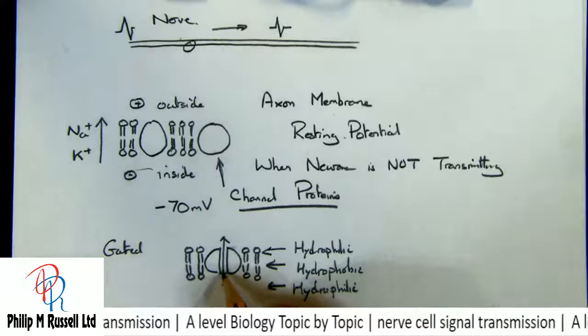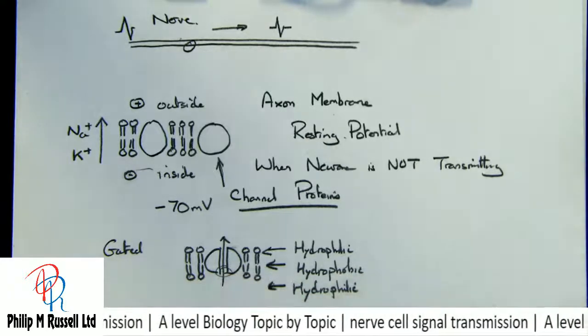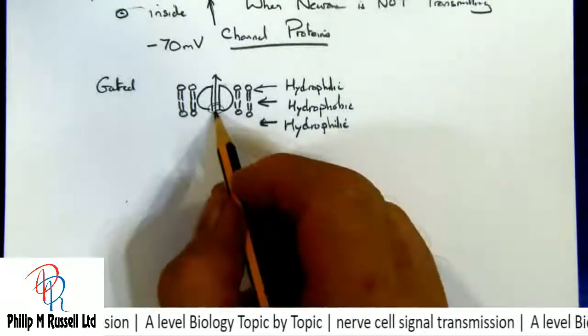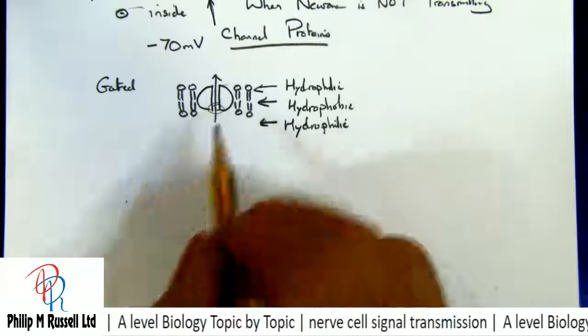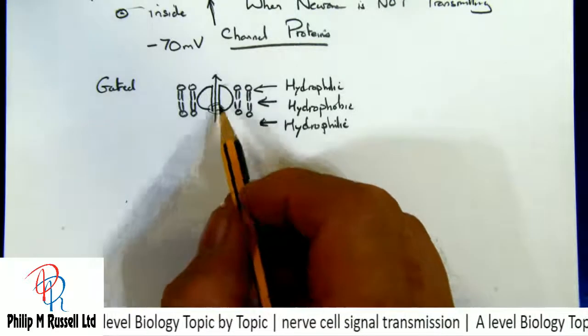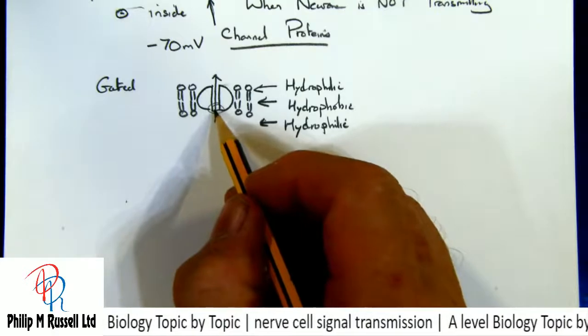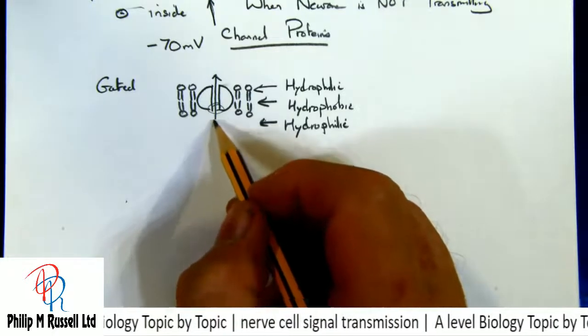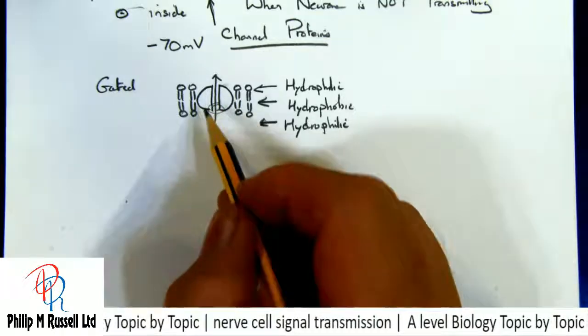But if we look at what's going on inside this little bit of the membrane, this is also charged, and we know that all the different amino acids can have different charges on them, and by arranging these, positive ions are going to be attracted through this channel.